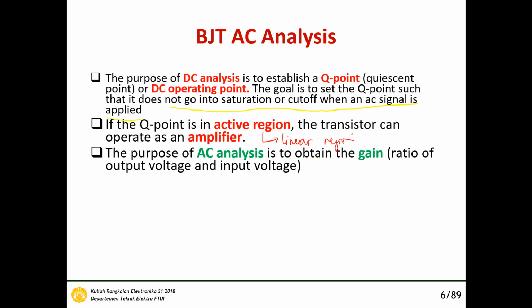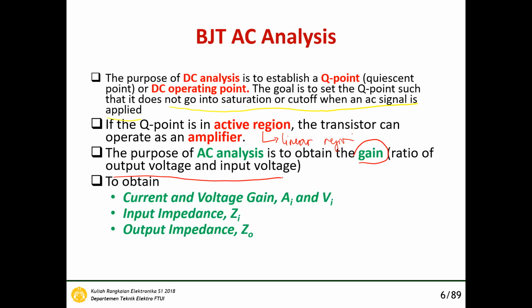The purpose of AC analysis is to obtain the gain, the ratio of the output voltage and the input voltage, to obtain the current gain Ai and voltage gain Av, and also the input impedance and the output impedance. So Ai is the current gain, the ratio of output current and input current, and Av is the voltage gain, the ratio of output voltage and input voltage.